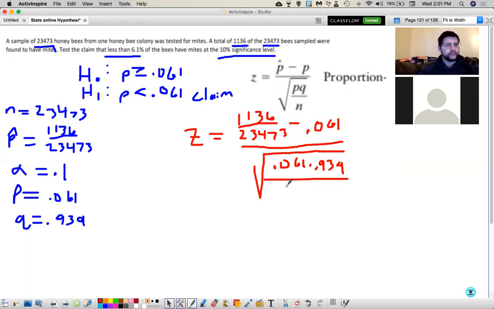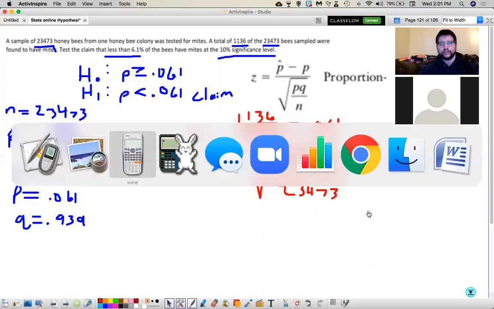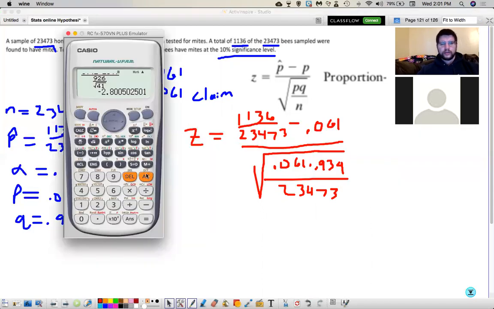Over N. Let's see what we come up with. I've got a fraction with a fraction.